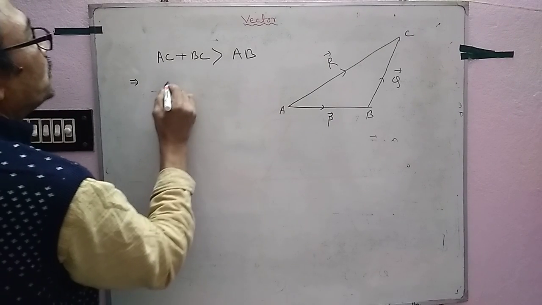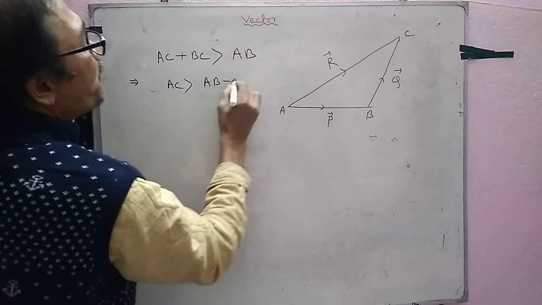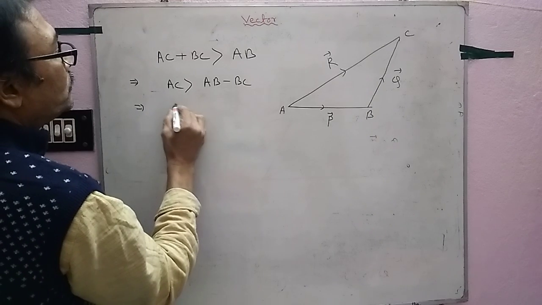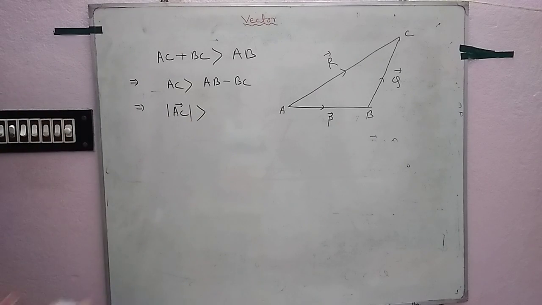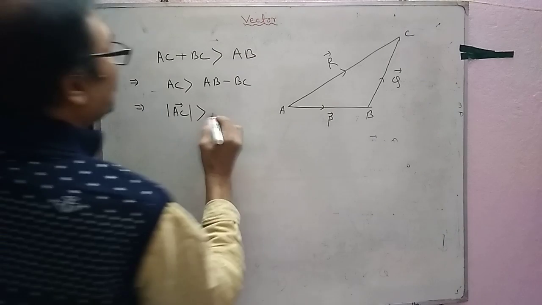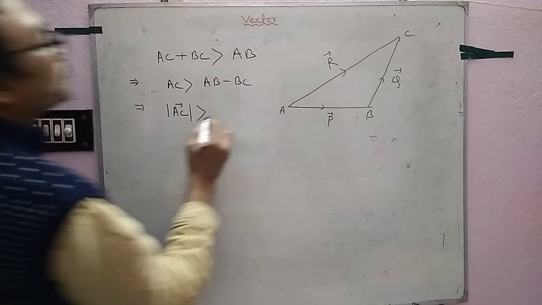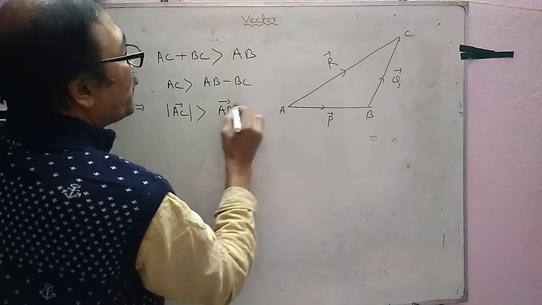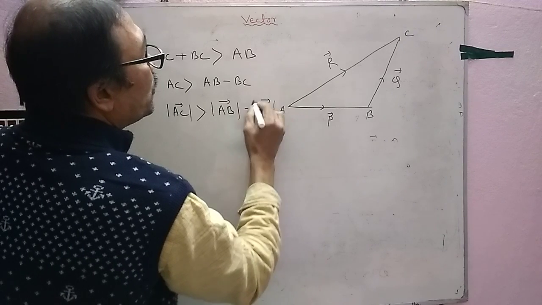Now AC is greater than AB minus BC. If we take this as vectors, AC means mod of AB minus mod of BC.